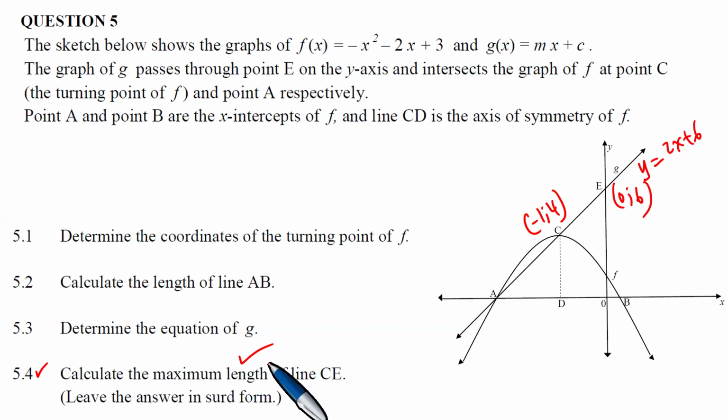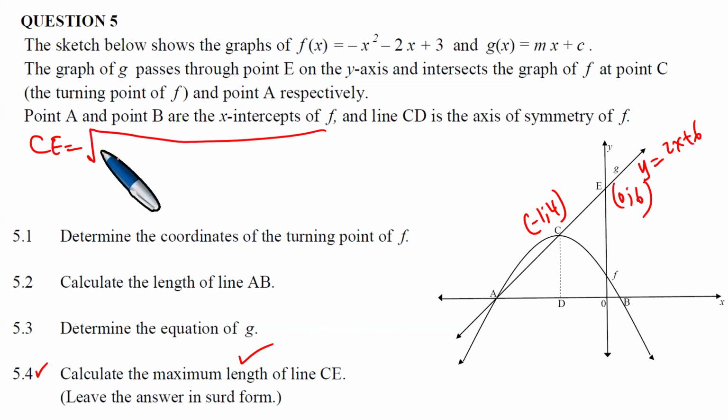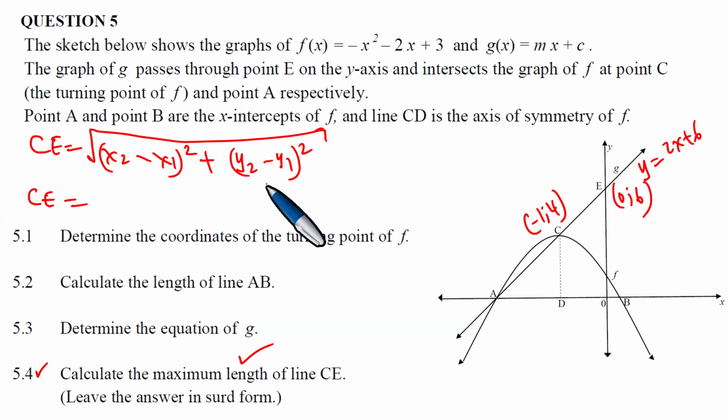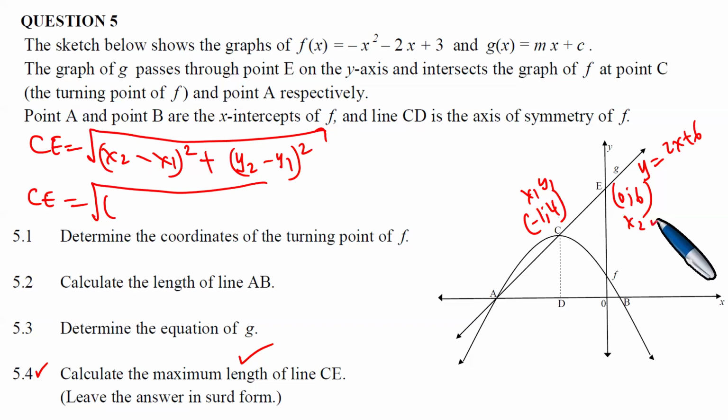How do you find the length? You already know the coordinates of C and E. CE is nothing other than the square root of (x2 minus x1) squared plus (y2 minus y1) squared. For CE, we have x1, y1 and x2, y2. x2 is 0 and x1 is -1, squared. y2 is 6 and y1 is 4, squared.